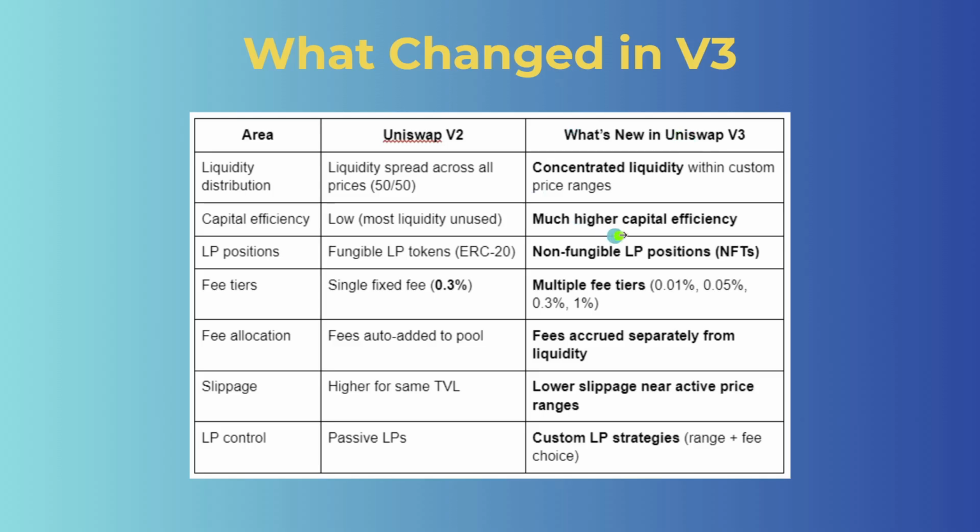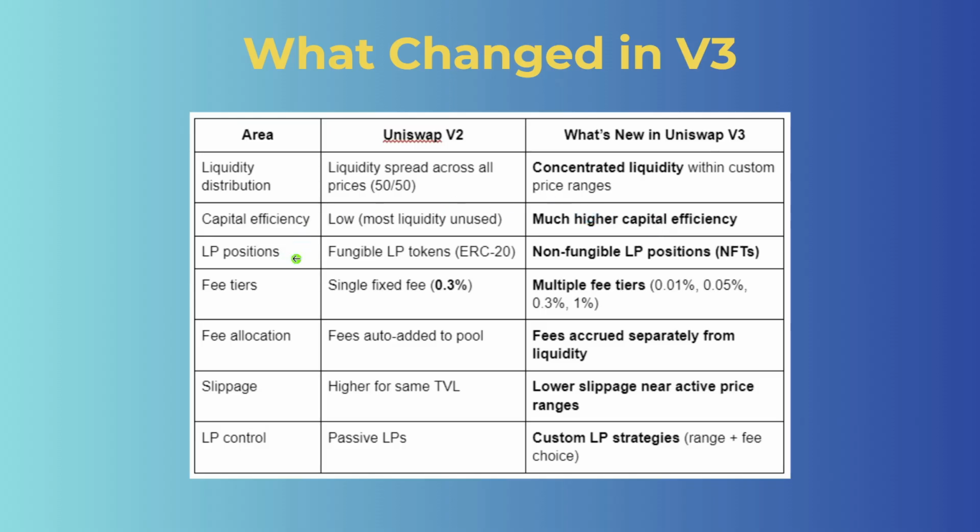In V3, much higher capital efficiency, because if I concentrate the liquidity in a specific range, more of my liquidity is used, and I can earn more fees. Because of course I only earn fees when my liquidity is near the price of the token.